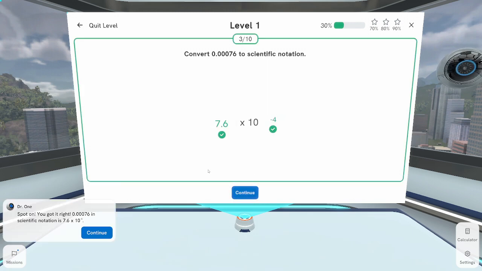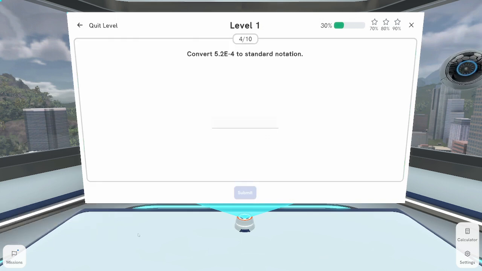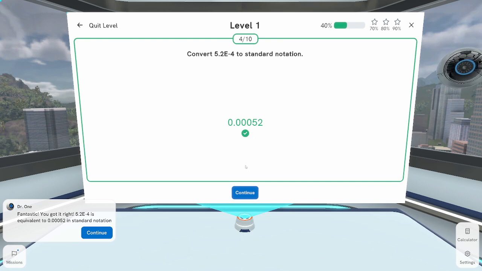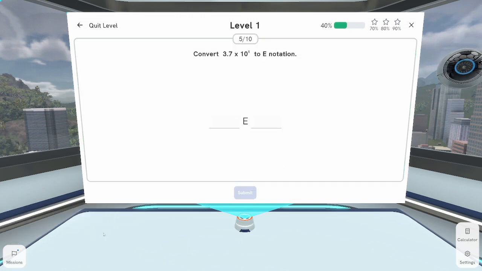Spot on! You got it right. 0.00076 in scientific notation is 7.6 times 10 to the power minus 4. Fantastic! You got it right. 5.2 times 10 to the minus 4 is equivalent to 0.00052 in standard notation.